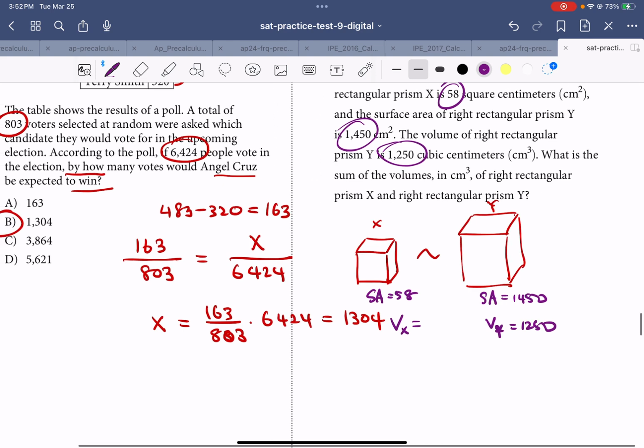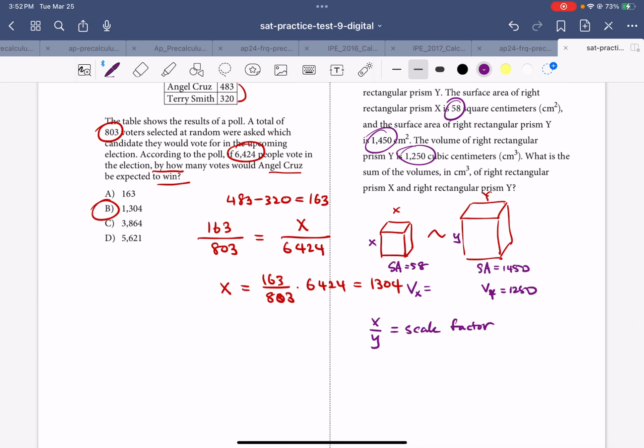So what are you going to do? If two similar figures, this is 3D, let's say X over Y is the scale factor. From geometry, if two figures are similar, then the ratio of any area, in this case surface areas, is the square of the scale factor.